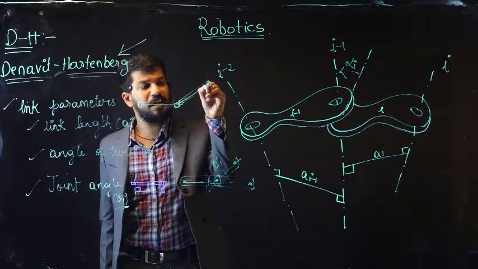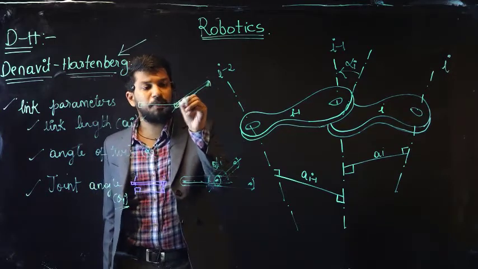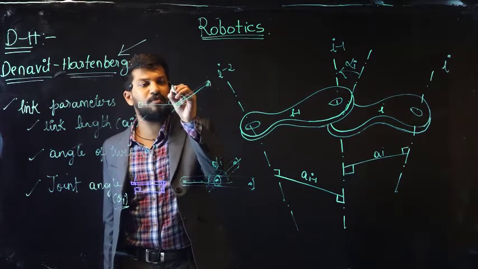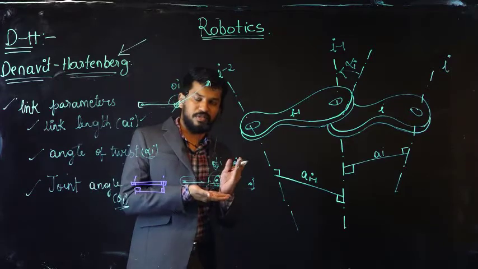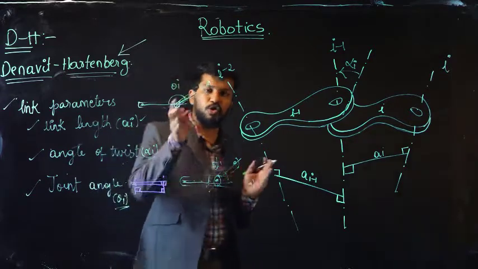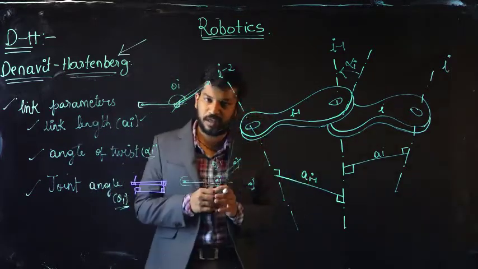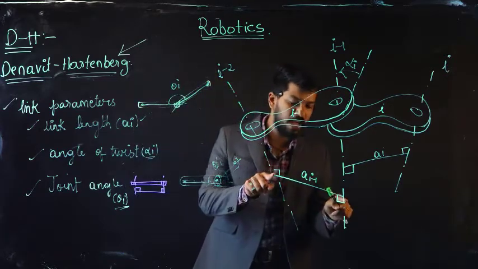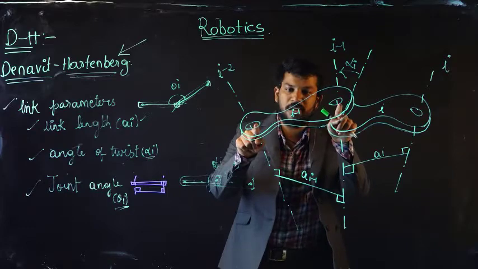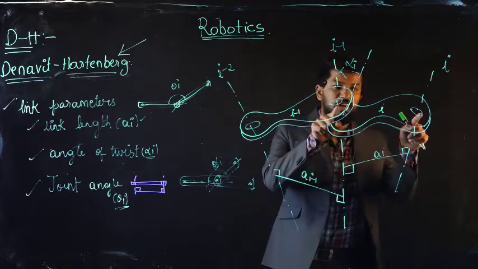So when I generate the link lengths, where both lines intersect, we will generate one common angle, nothing but theta i. That will give you the joint angle between those two particular links. Here also we need to do the same thing. This is our link length and this is our link length. Here also a i minus 1 will be my link length of i minus 1, and a i will be the link length of my i.